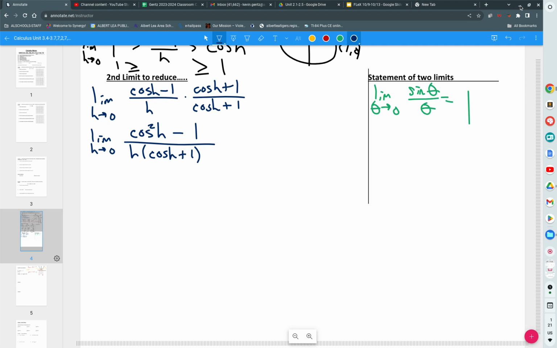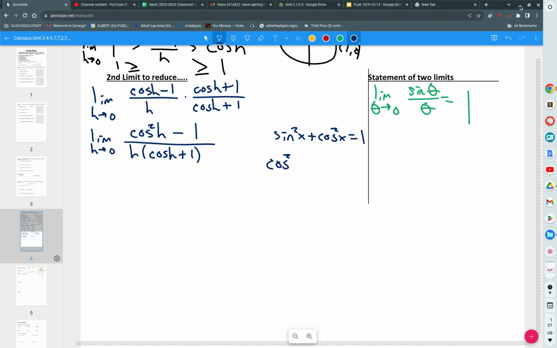Hey, cosine squared minus 1. Isn't that something? What is that? Sine squared of x plus cosine squared of x is equal to 1. So we want to come up with cosine squared minus 1. I'll subtract the sine squared over, and I'll subtract the 1 over.